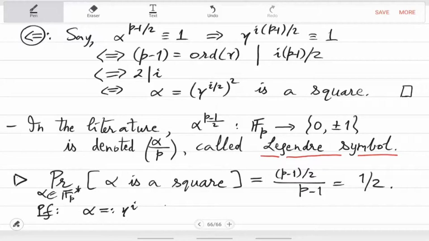And note that alpha is a square if and only if i is even, and i is even half the time, from 0 to p minus 1. Actually 0 to p minus 2, so this i actually runs mod p minus 1.